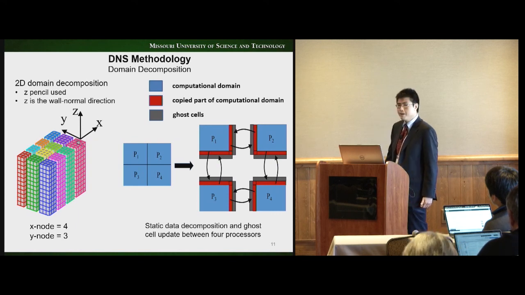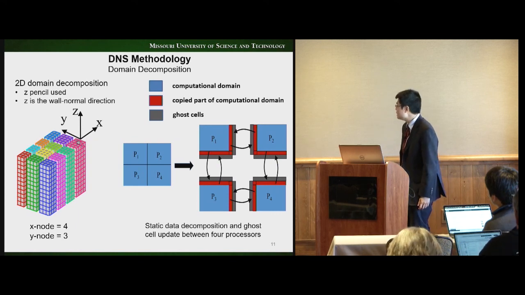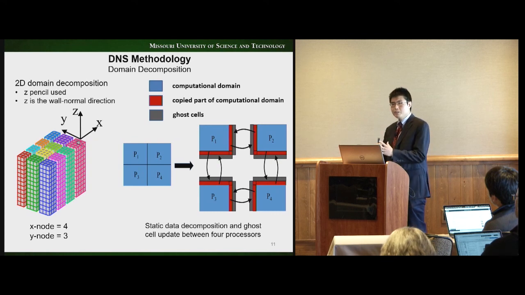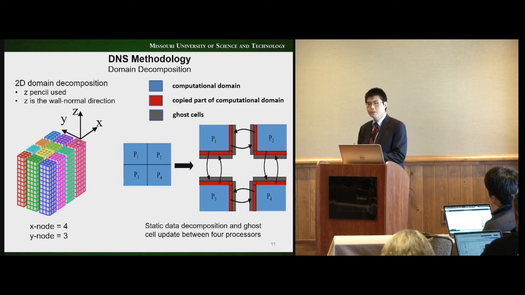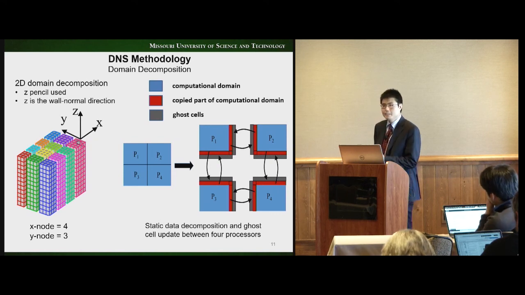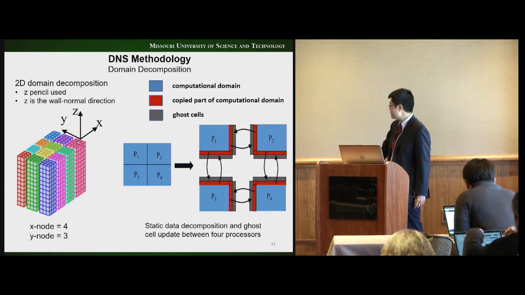So it's a pencil type of decomposition. Since we are not using a spectral method but a finite difference method, we only have a small overlap region, called the halo region. At each time step, neighboring processors have to exchange information using this halo region.